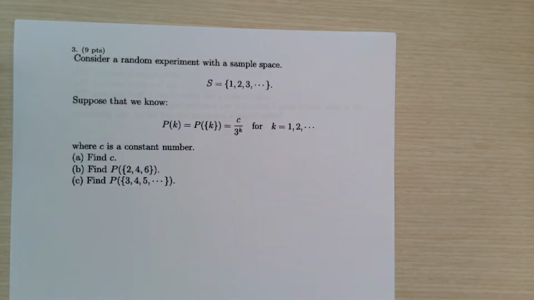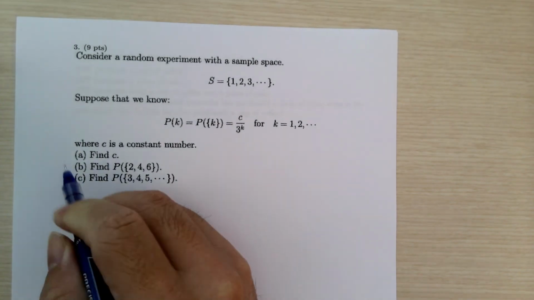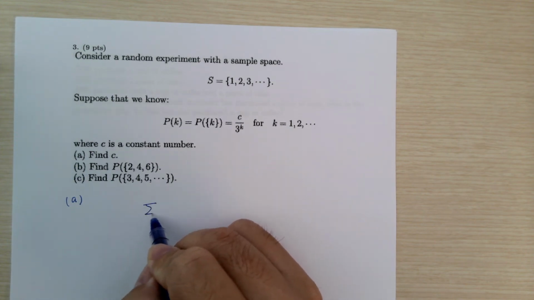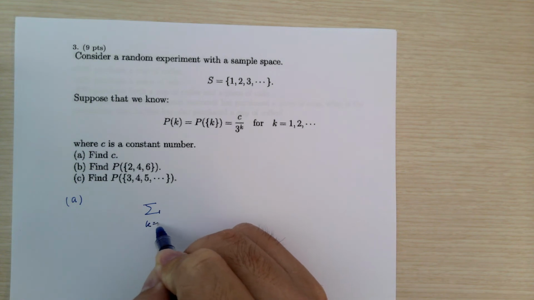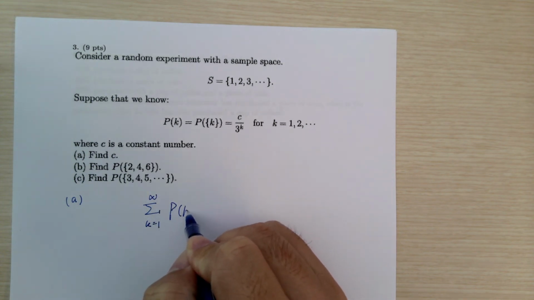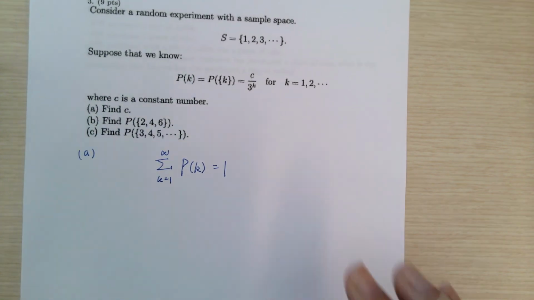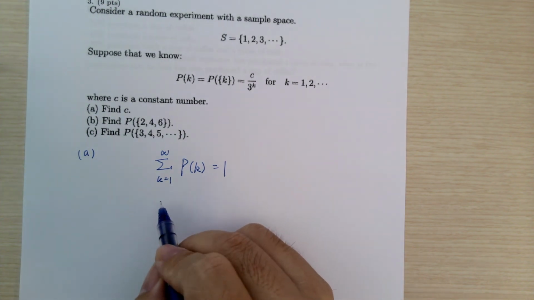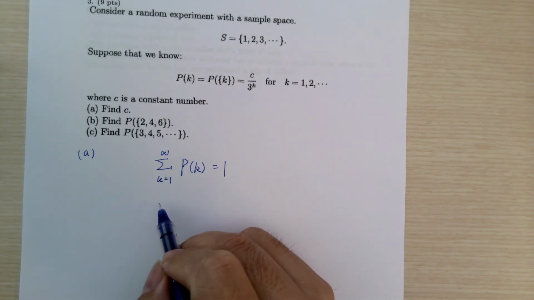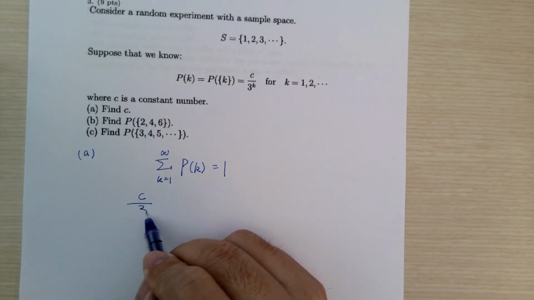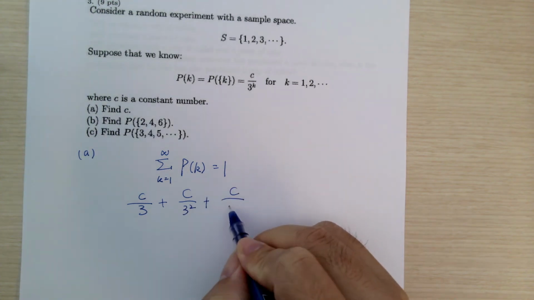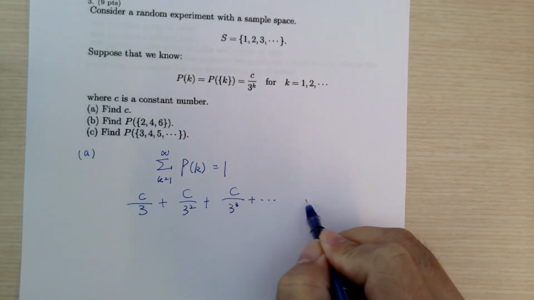So how do we find C here? Remember the axioms of probability: the sum of the probabilities P of K must be 1, right? So based on that, we know that C over 3 plus C over 3 squared plus C over 3 cubed, and so on, equals 1.